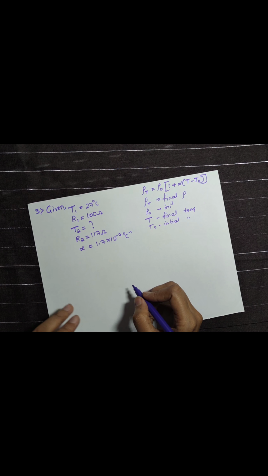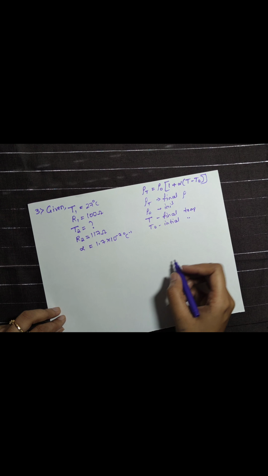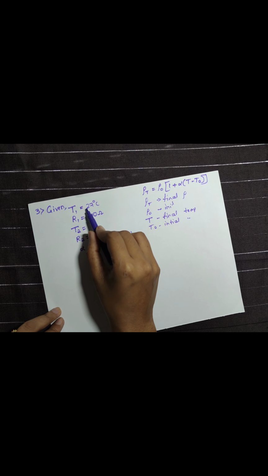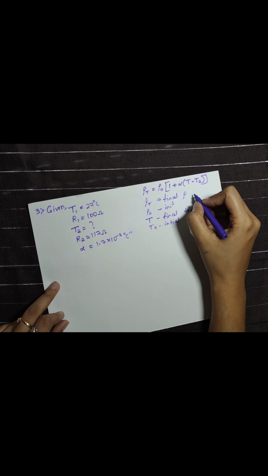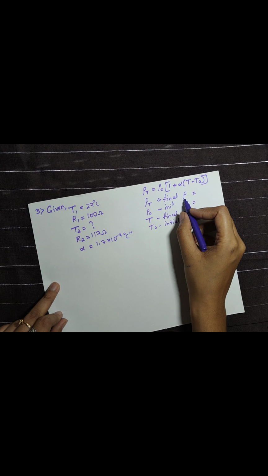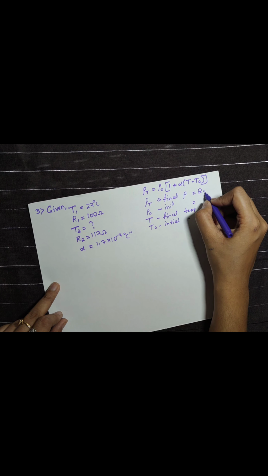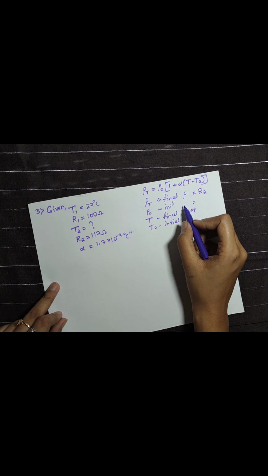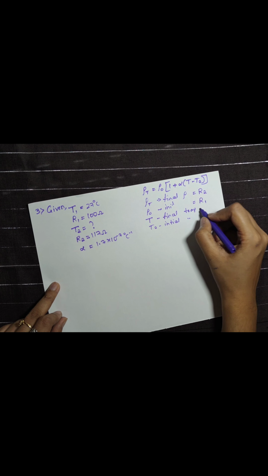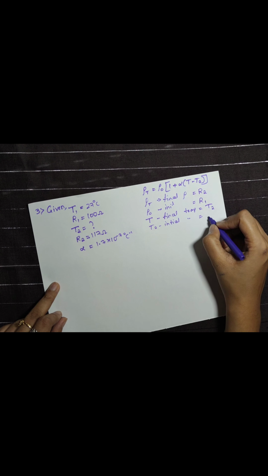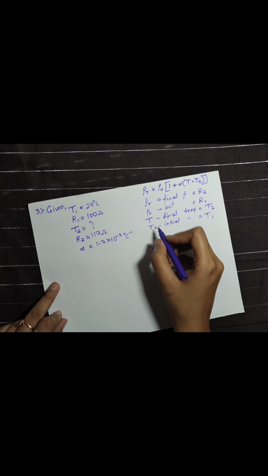So here we have initial and final, right? So I will consider this final resistivity as final resistance, that is R2, and initial resistivity as R1. In the same way, let us consider this one as T2 and this one as T1.